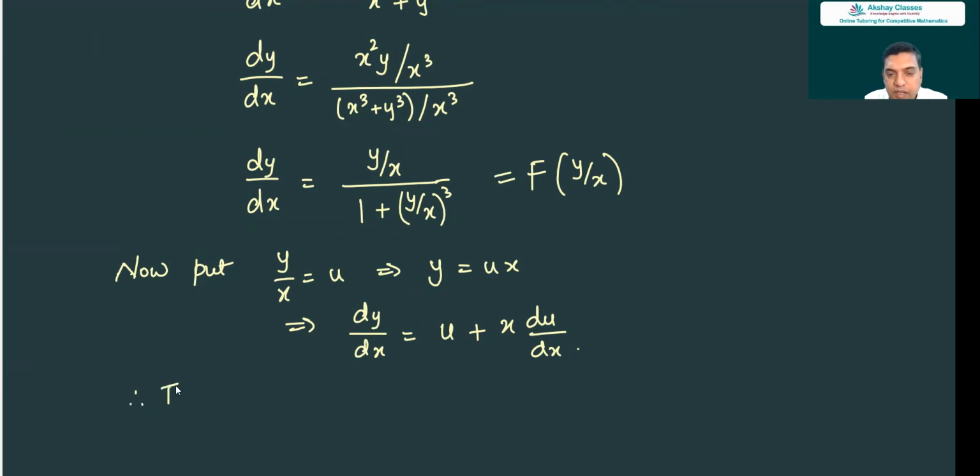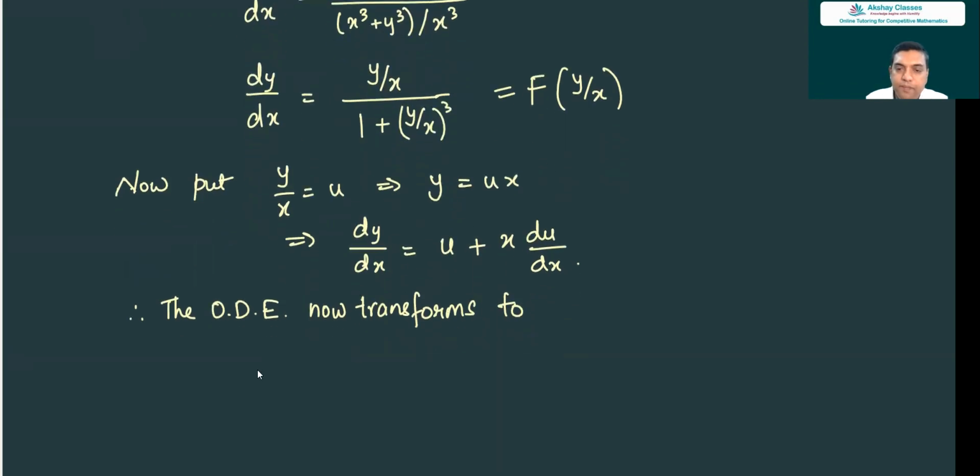Therefore, the ODE transforms to u plus x du by dx is equal to u upon 1 plus u cube.